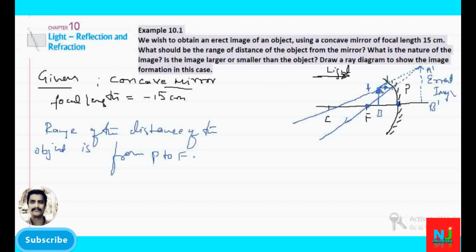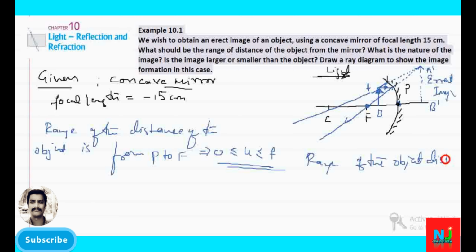Object distance should be in between P and F, that is 0 to F. So the object distance lies between 0 and f, that is, 0 is less than or equal to u, and u must be less than or equal to f. Remember, this is the range of the object distance.